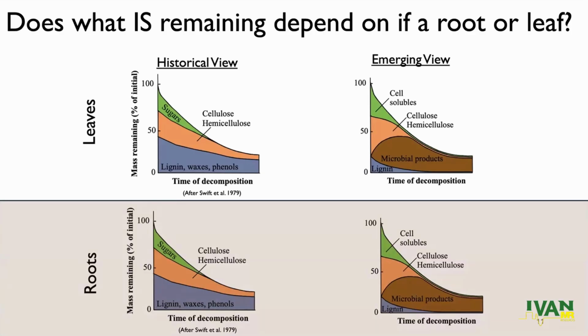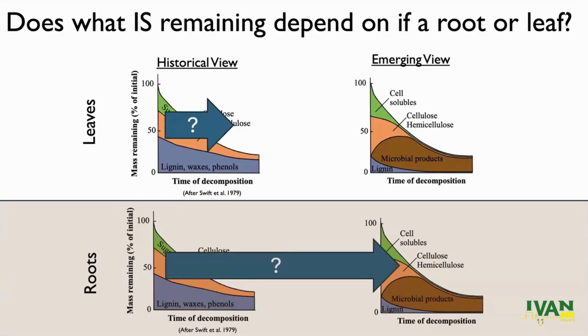The literature seems to argue that roots decompose faster and are turned into microbial products more quickly. So the idea here being that maybe leaves don't really turn into microbial stuff that well, but maybe roots really do.